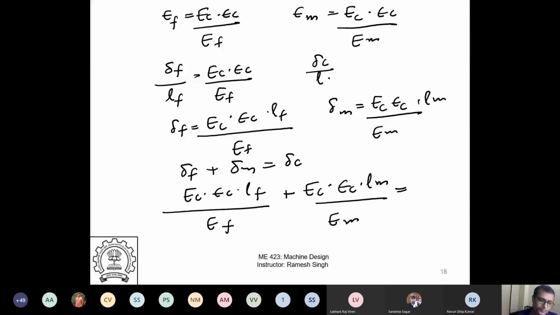So delta C divided by LF plus LM is the strain, and we just put the strain here.